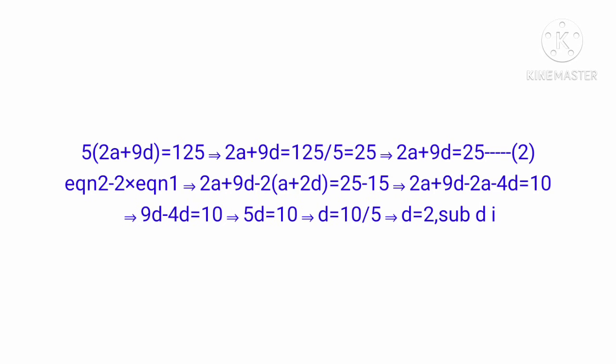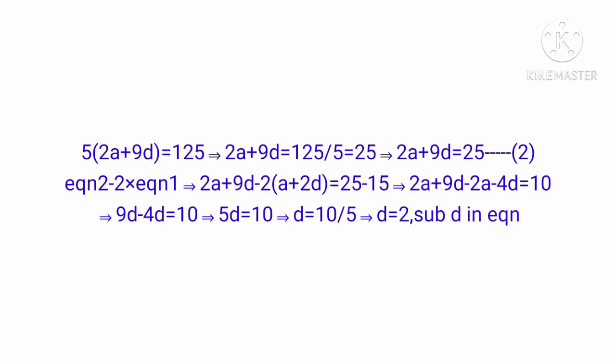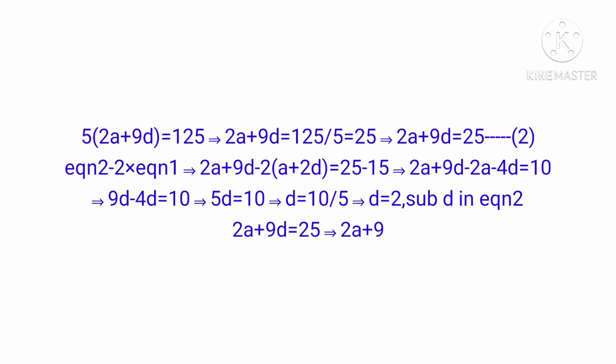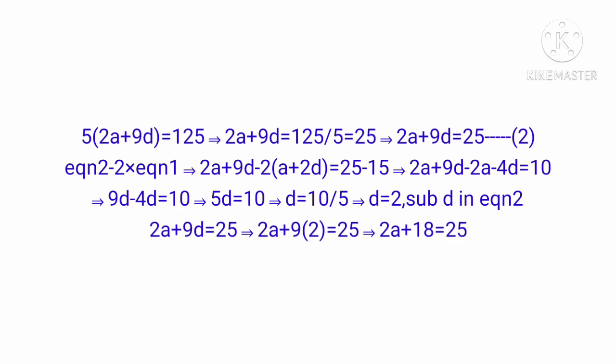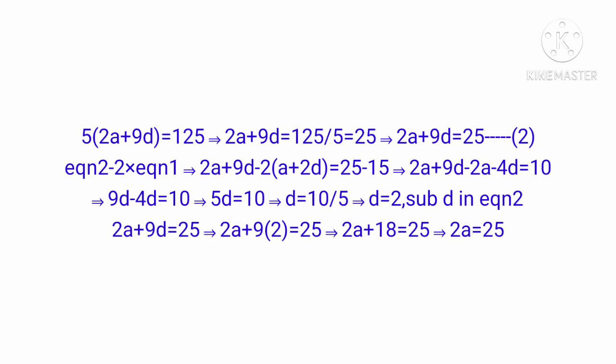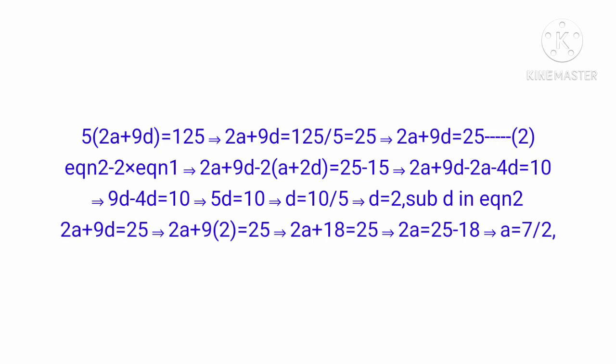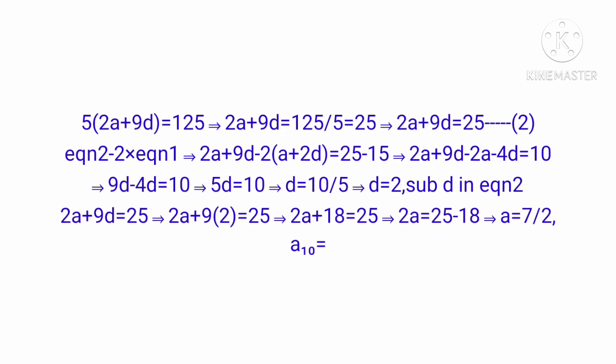Now substitute d in equation 2: 2a plus 9d is equal to 25 implies 2a plus 9 into 2 is equal to 25 implies 2a plus 18 is equal to 25 implies 2a is equal to 25 minus 18 implies a is equal to 7 by 2, that is the a value.